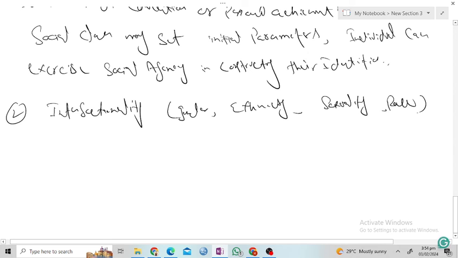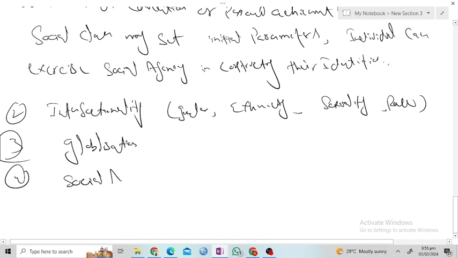You can give the arguments over there. Then other arguments could be globalization. You can mention that. Number 4, you can talk about social mobility. There are so many things that can shape individual behavior.